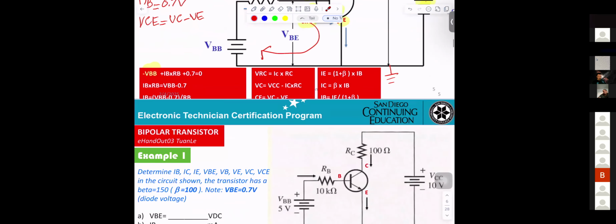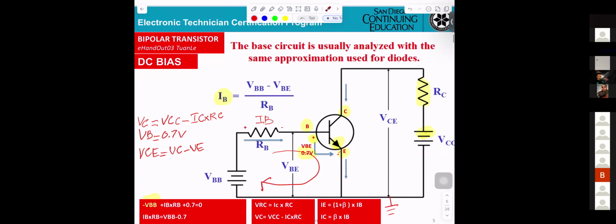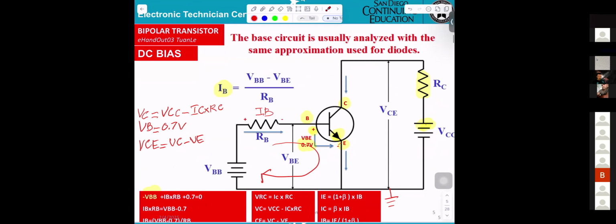Hey, Mr. Pham, is that the VBE? That's 0.7, right? Yes, it's 0.7. So why did you write VB equals 0.7? Because he's talking about the potential of the base relative to the ground.